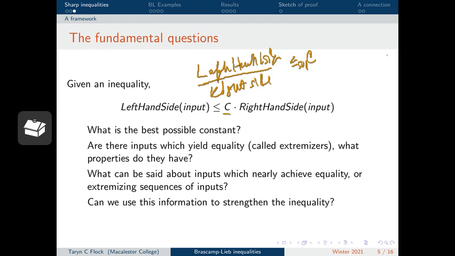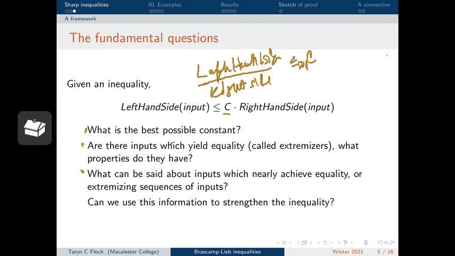And once I've answered these questions, can I use this information to strengthen the inequality? If I'm not in the equality case, can I use some sort of quantitative measurement of my distance from equality to make a quantitative improvement in the inequality?